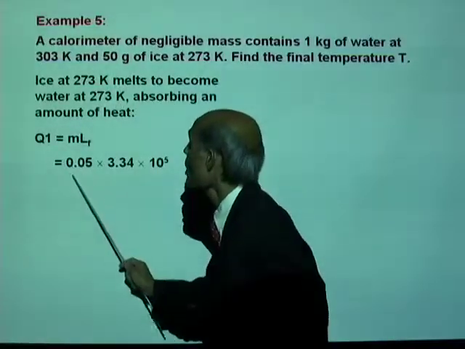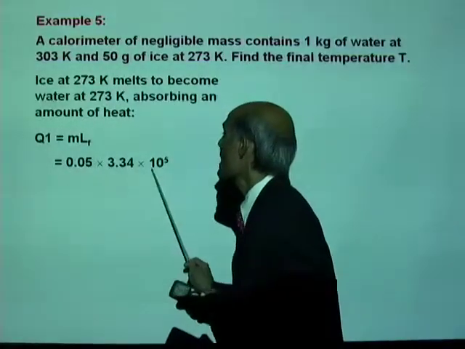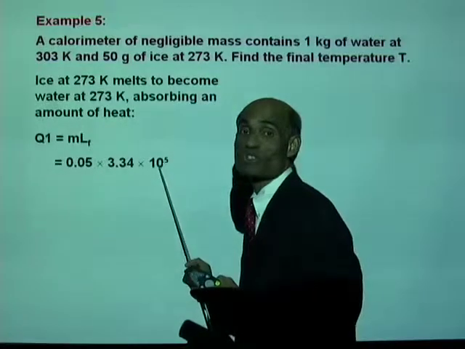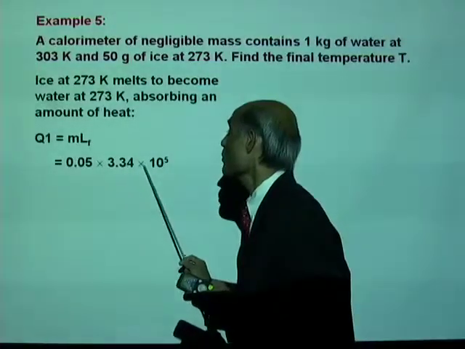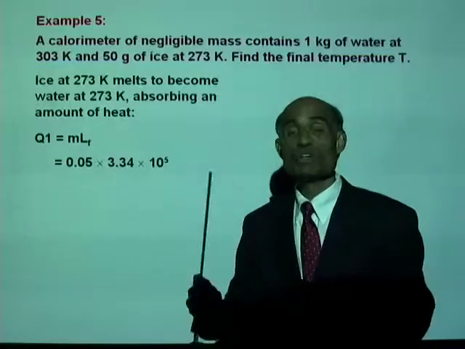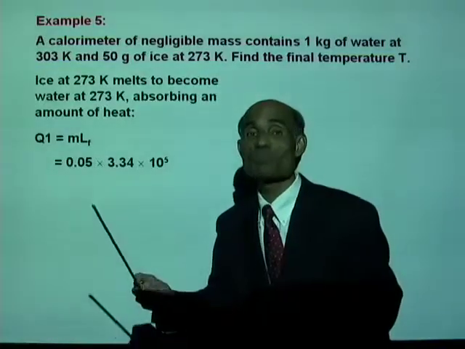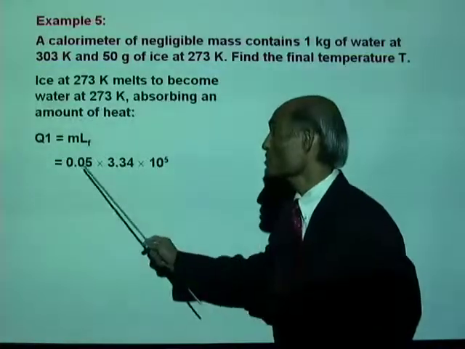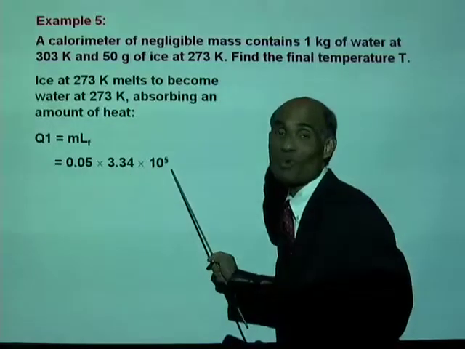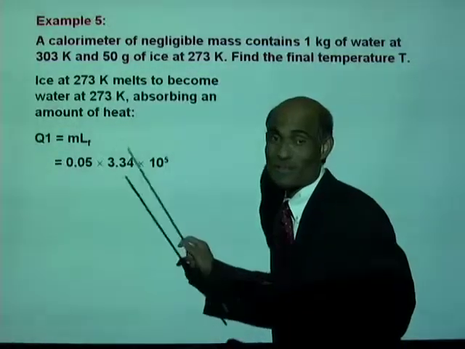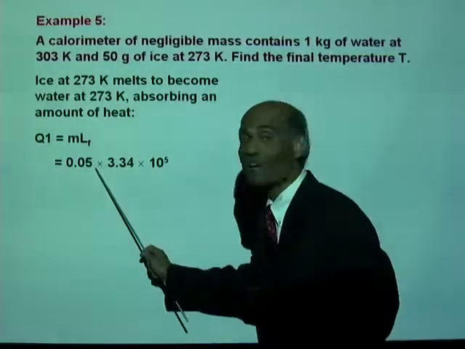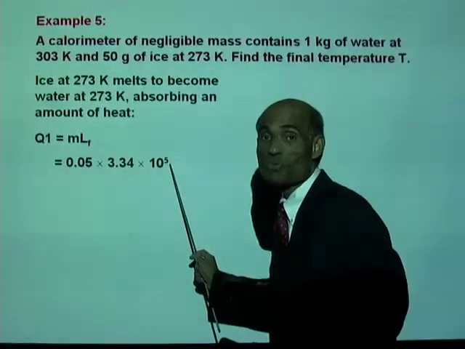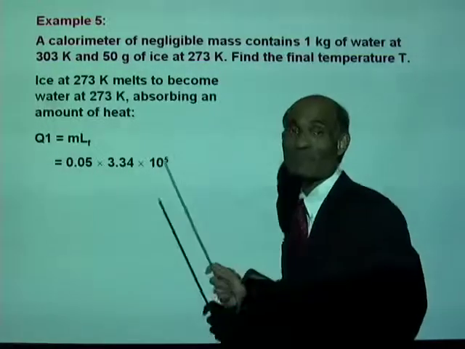That will be 0.05 kilogram times latent heat of fusion, 3.34 times 10 to the 5 joules per kilogram per Kelvin. Now you see I haven't written any units for the quantities. Alright, you must know that this is in kilogram, this is in joules per kilogram per Kelvin.